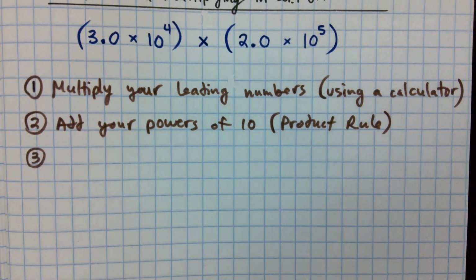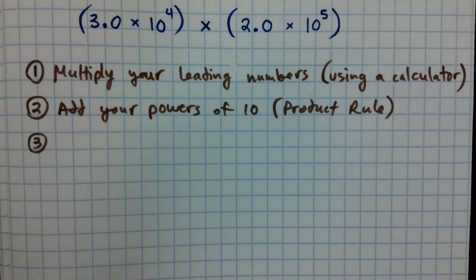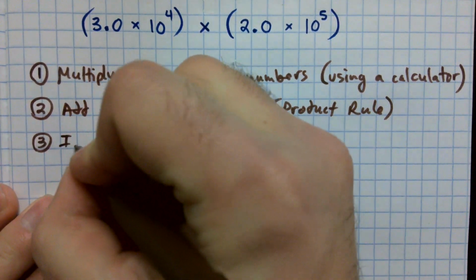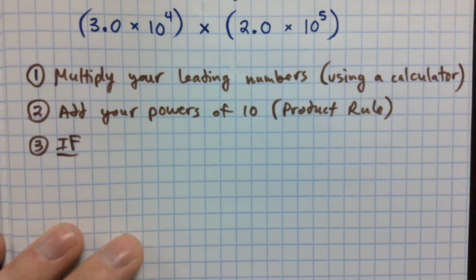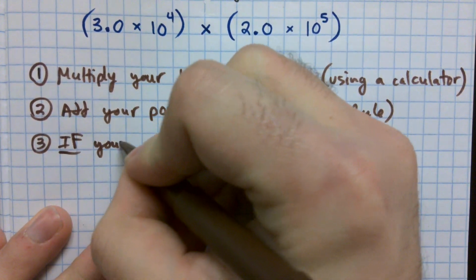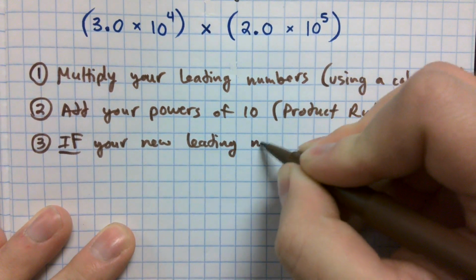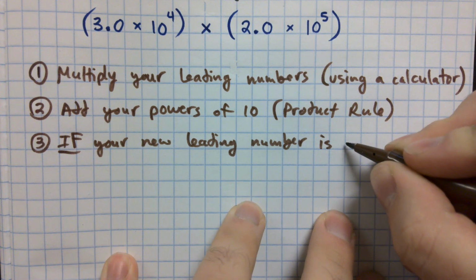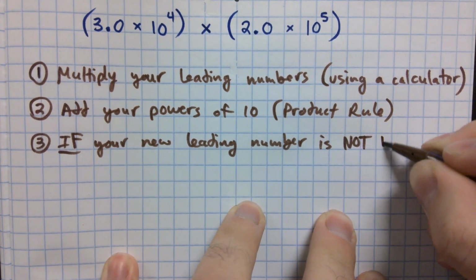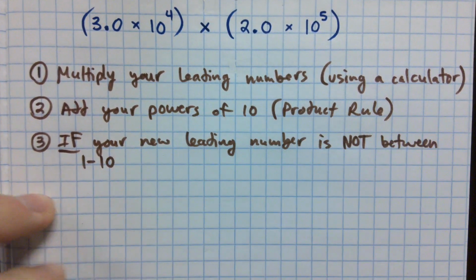Step 3. Now, step 3 is not always going to be applicable. We're not always going to need to do step 3, but sometimes we will. If, with a big if, because it's not always going to be necessary, if your new leading number is not between 1 and 10.